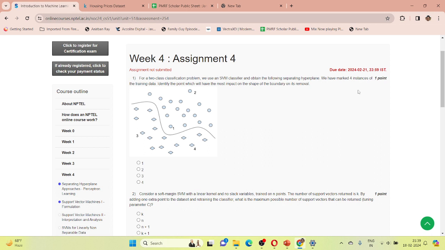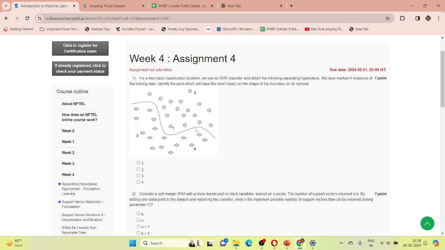We were maximizing the margin, and if I take 1 by that, upside down, it becomes minimizing W transpose W. The norm of W is not differentiable, so I took the square of the norm. The square can be written as W transpose W. So this is our problem statement of SVM.